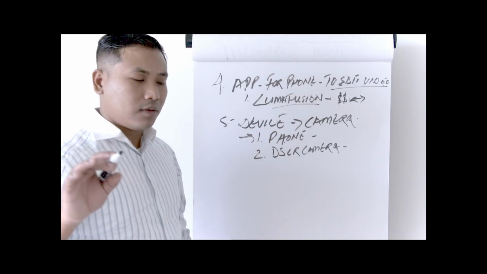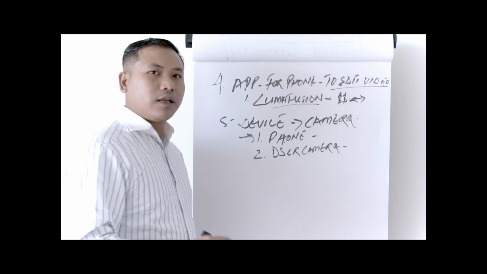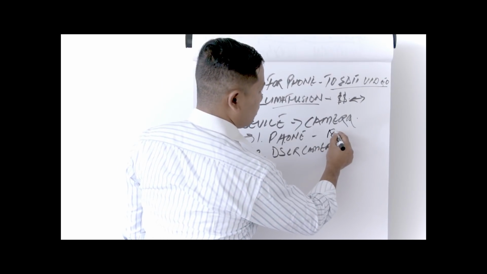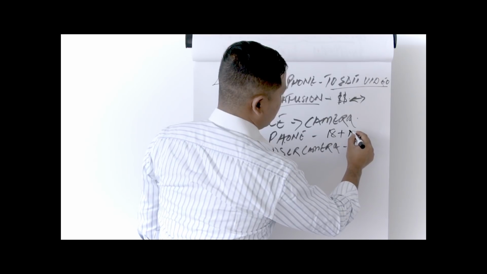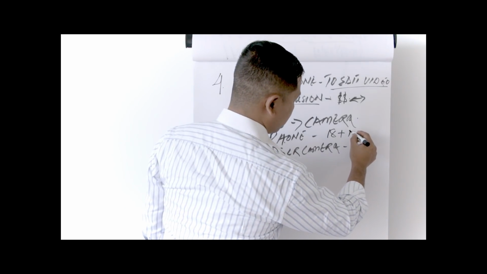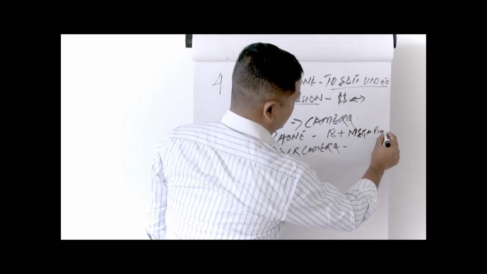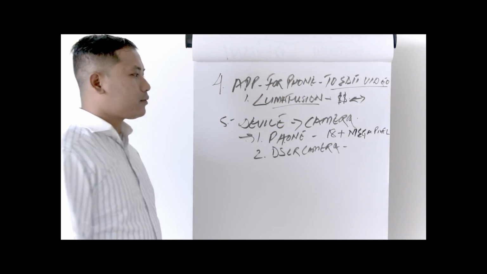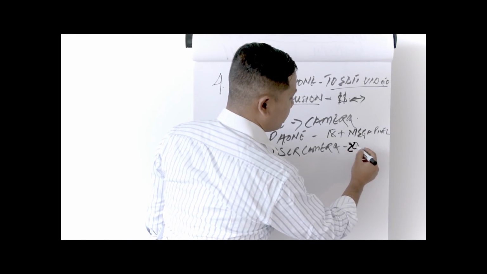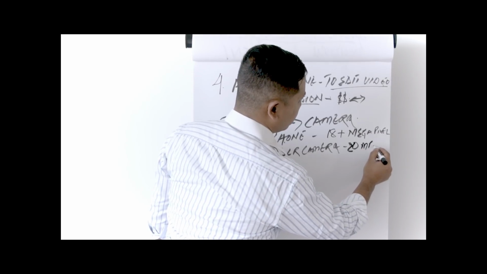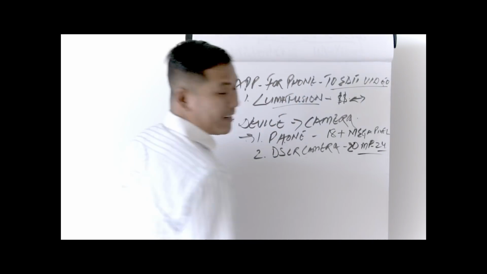Any camera, I would suggest you have at least 18 plus megapixel. Right, there are some cameras you will come across with 20 megapixel to 24, you know, but it is up to you.